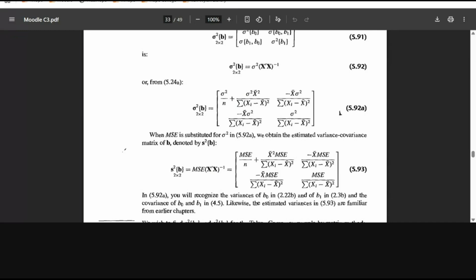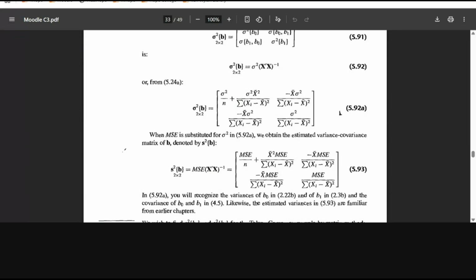You have already written down what var beta hat is, right, for SLR. Now I'm saying develop this expression, do a little bit of matrix algebra, and I've already given you the final answer.